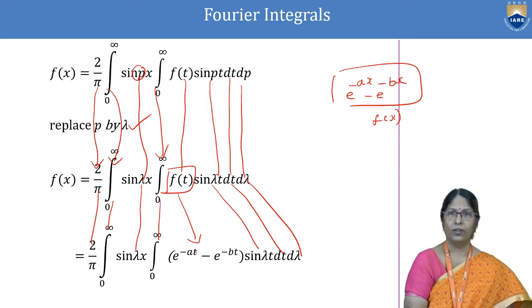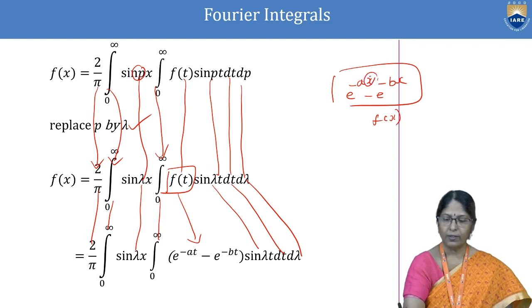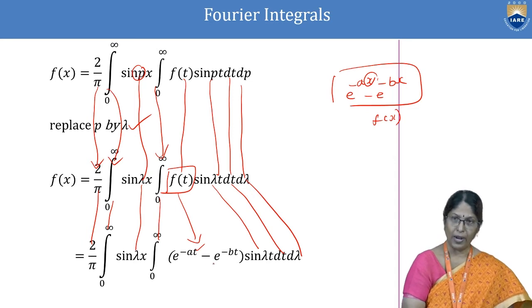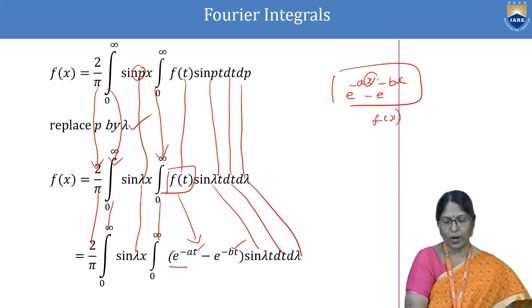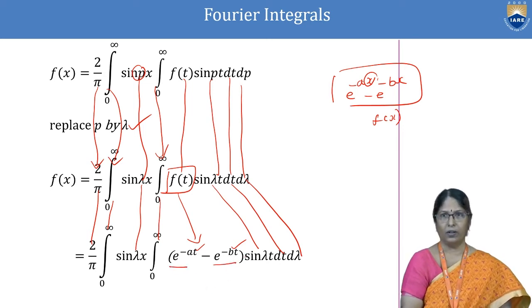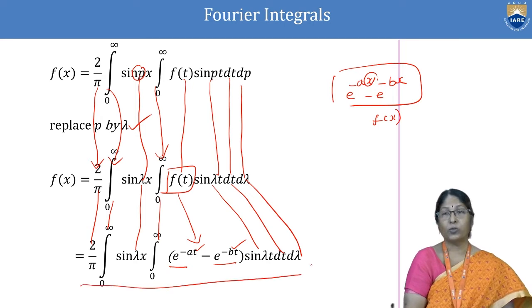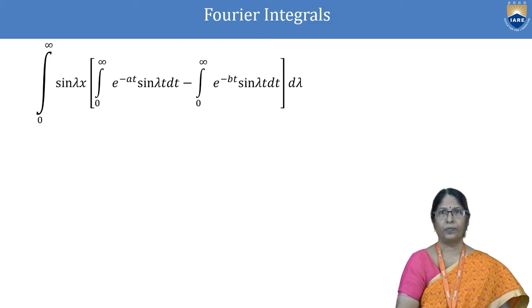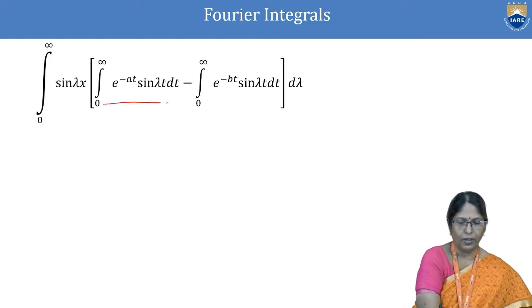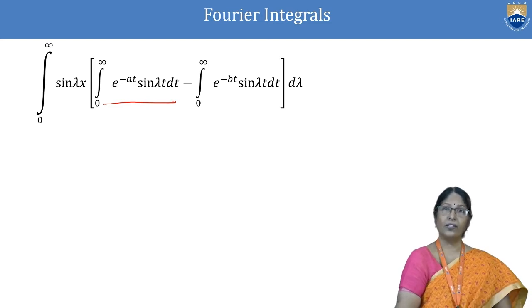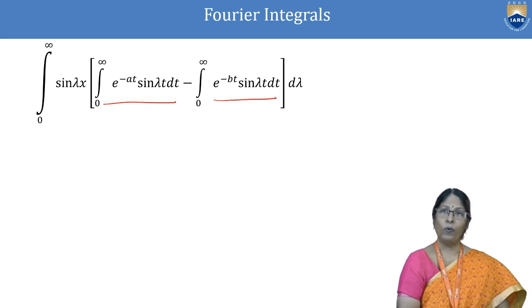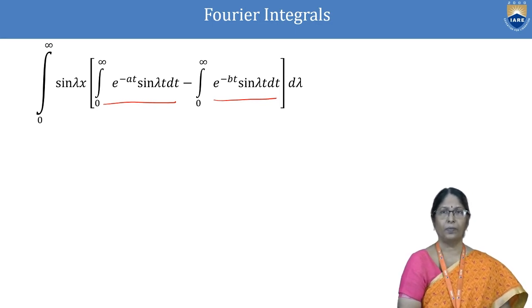So e^(-at) - e^(-bt). This is one term, this is another term. So better we can expand the integral into two integrals, one containing e^(-at) and the other e^(-bt).